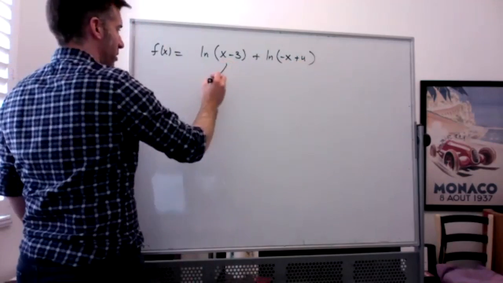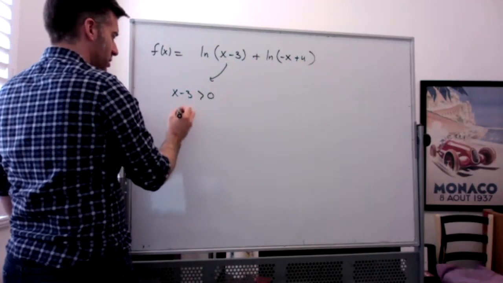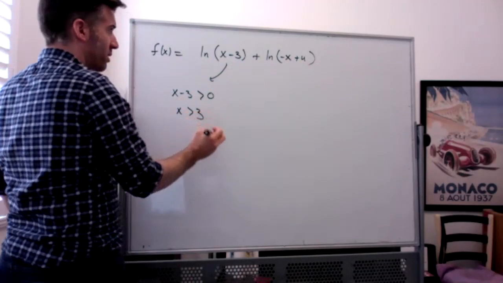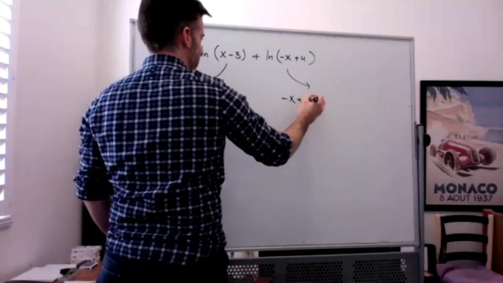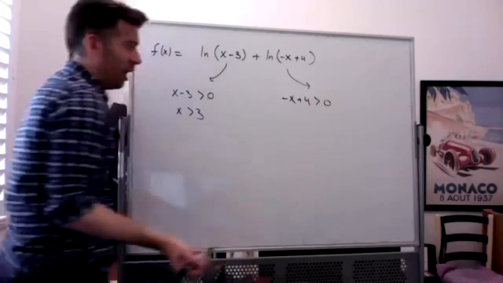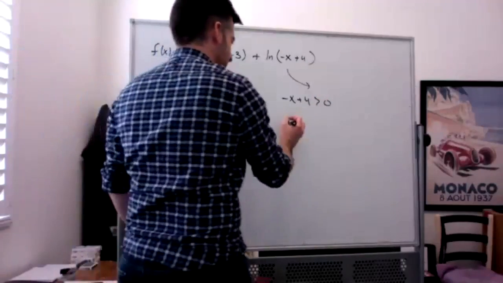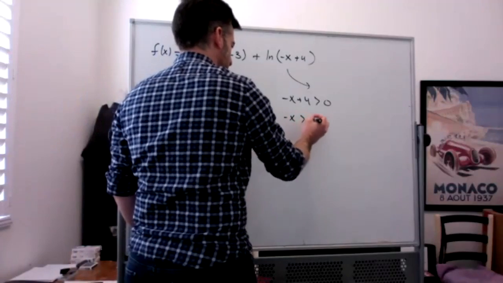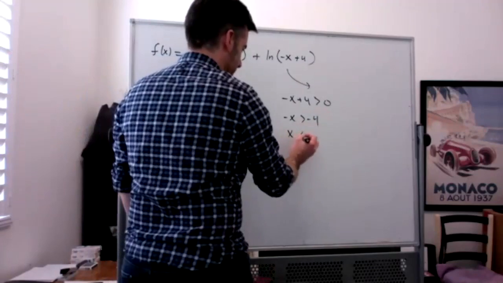For this part here, we know that x minus 3 has to be greater than 0. So x has to be greater than 3. For this part here, we have that negative x plus 4 has to be greater than 0. You could do this, negative x is bigger than negative 4, and then multiply both sides by negative 1 to get x is less than 4.